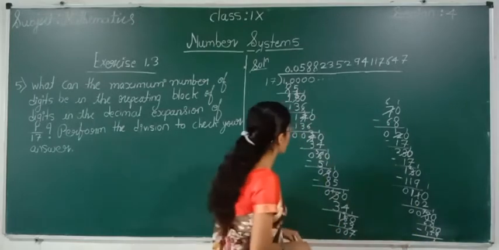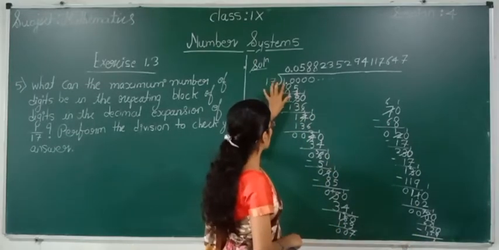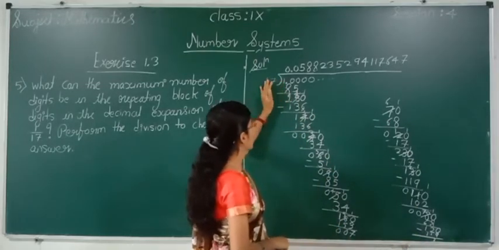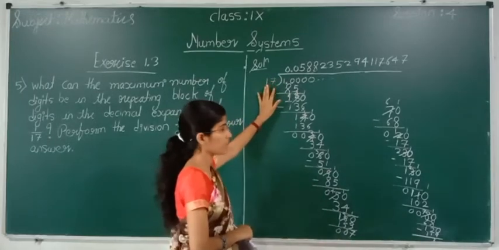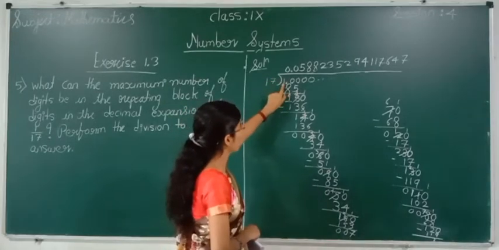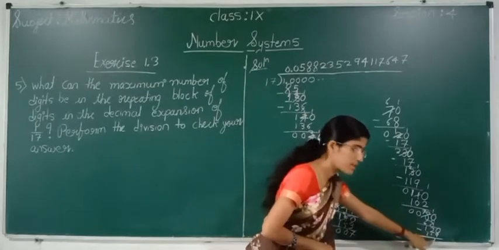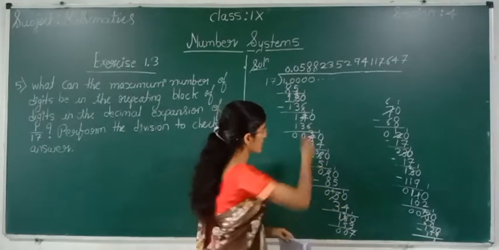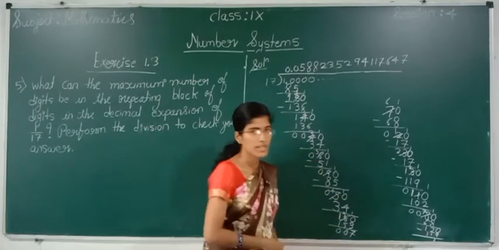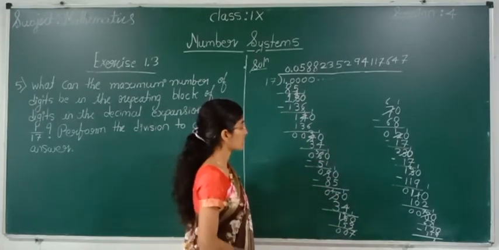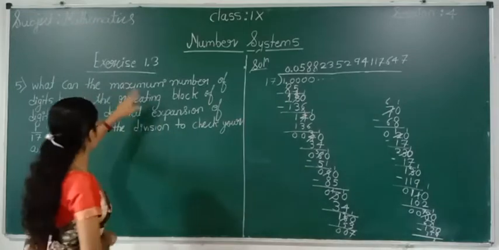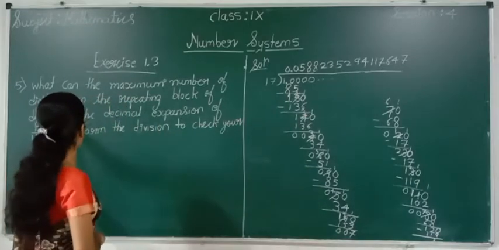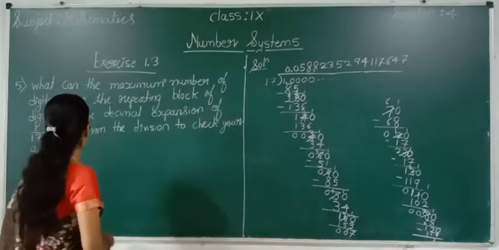Now see students, we started from 1 divided by 17. See here, 1 again. Again the same procedure will go on continuing, right? What they asked: what can the maximum number of digits be in the repeating block of digits in the decimal expansion?